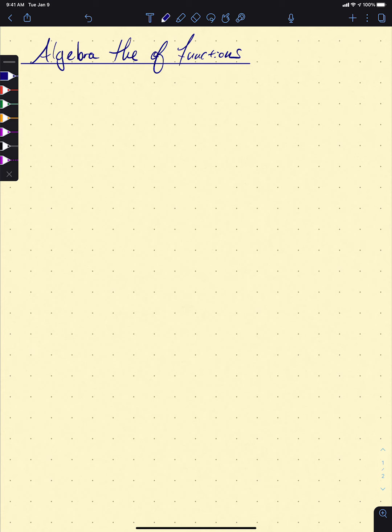We have this notion of algebra in the real numbers: the number 5 plus the number 3 gives us the number 8. Could we have the function f plus the function g give us a new function? And everything works exactly how you'd expect it there.